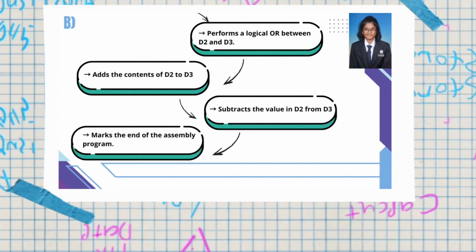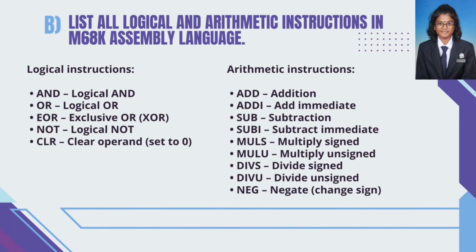That's all. Let's move on to question B2, which would be to list all logical and arithmetic instructions in M68K assembly language. So, moving on to the logical instructions first, there are 5, which would be logical AND, OR, exclusive OR, logical NOT and also clear operand.